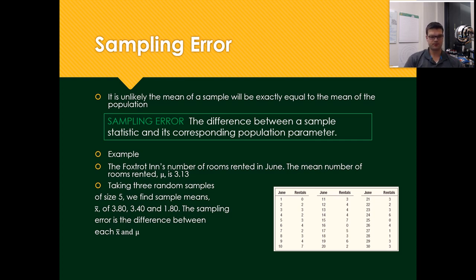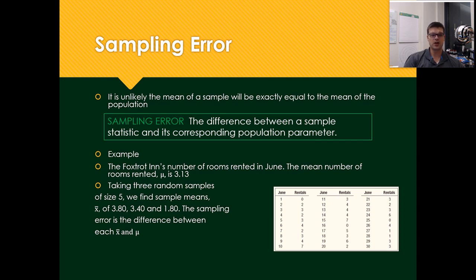For example, if you sample 10 cashiers and there's a total of 60 cashiers, the 60 cashiers would have a very specific mean on a score. And then you have the 10 cashiers from the sample, and the difference between the sample mean and the population mean would be what's referred to as the sampling error.